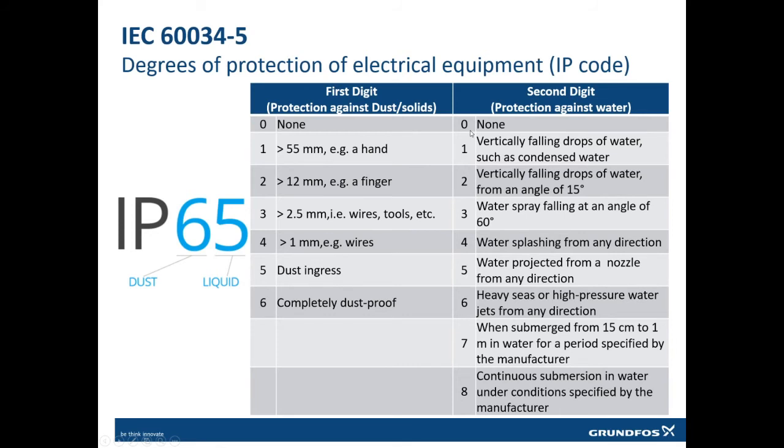For water, 0 means there is no protection. 4 means water splashing from every direction. 5 means water projected from a nozzle from every direction, that means with some pressure. And 6 means high pressure. 7 means it is submerged. That means IP67 can be submerged. Usually the motors which we use by standards are IP54 or 55.